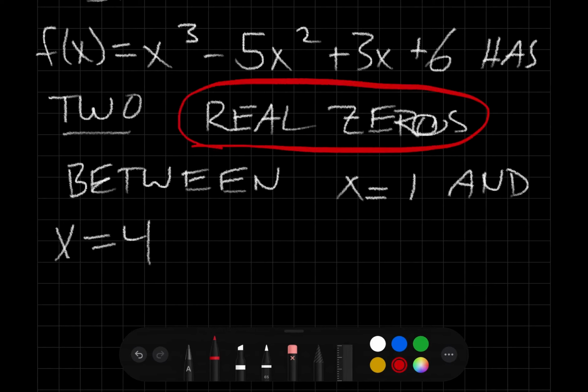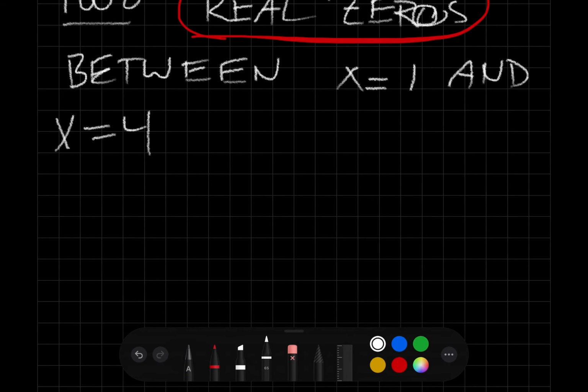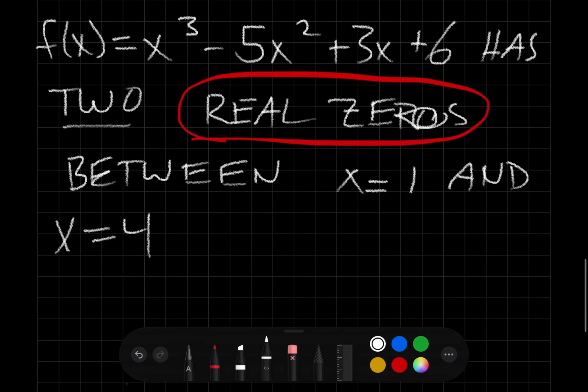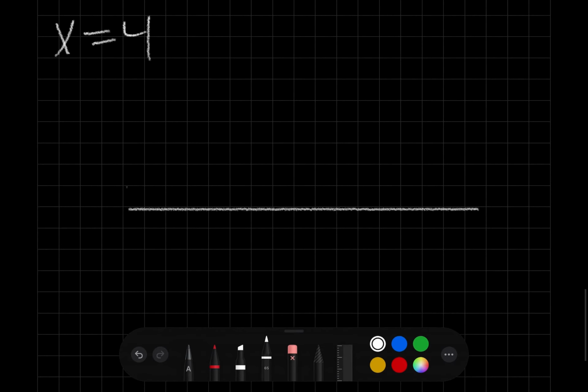When they say real zeros, that means places where we have x-intercepts. So what we're looking at here is, I have some polynomial called f of x, and I have this graph. I'm going to give us an x and a y axis here.